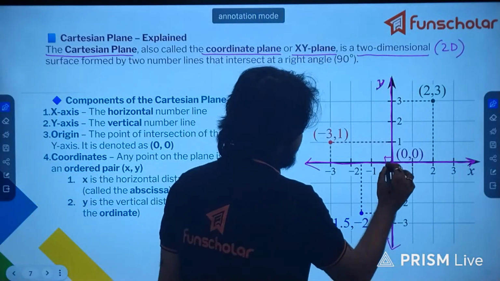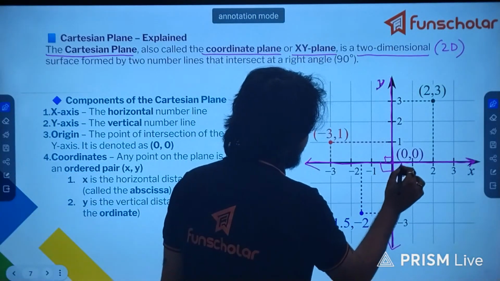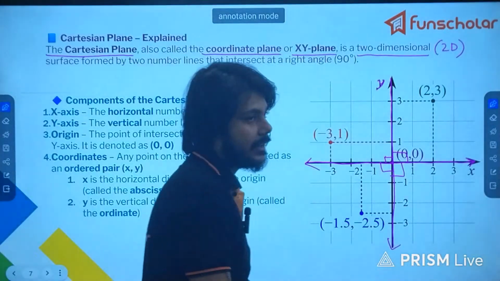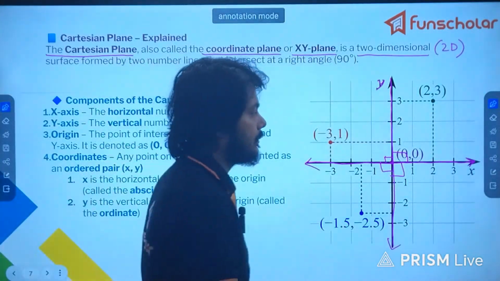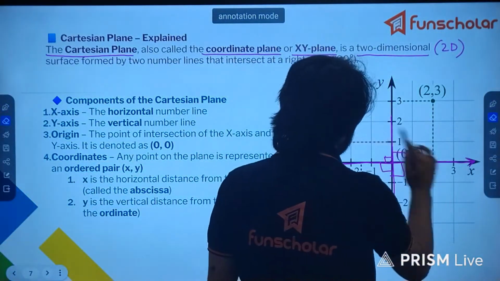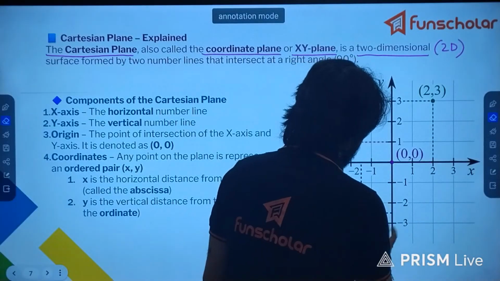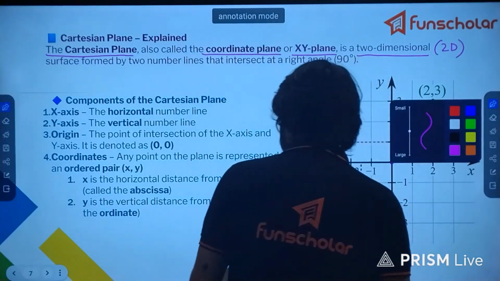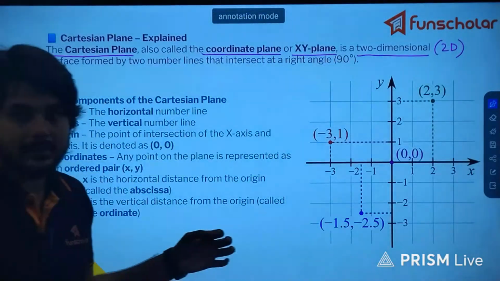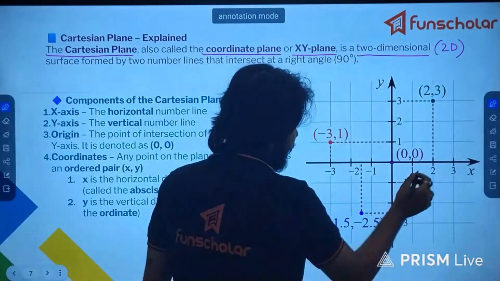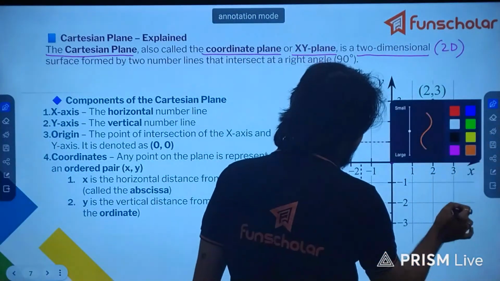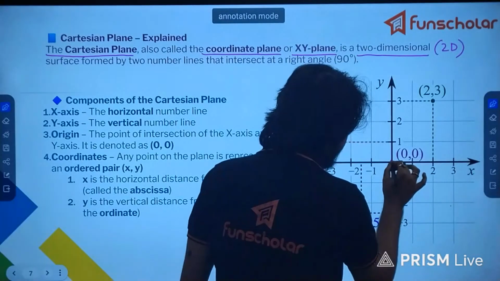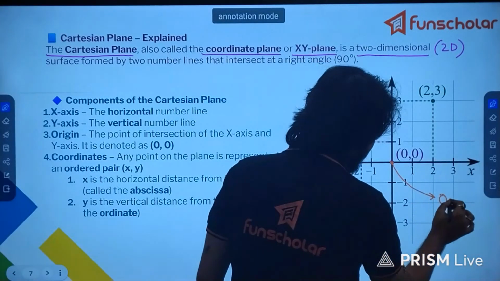That means this angle or this angle or this angle or this angle, these four angles are 90 degrees. This is very clear, and I hope there is no doubt regarding this Cartesian plane and the x and y axis. Now, as you know, this point of intersection is called the origin.